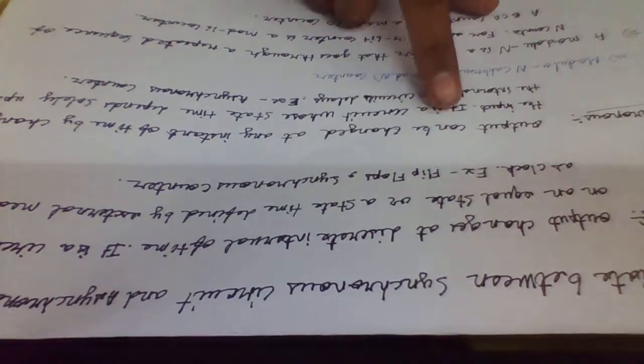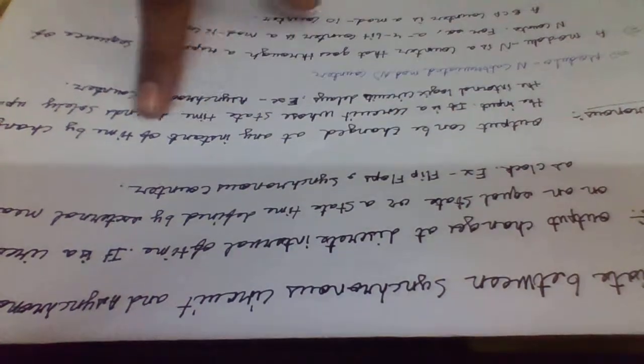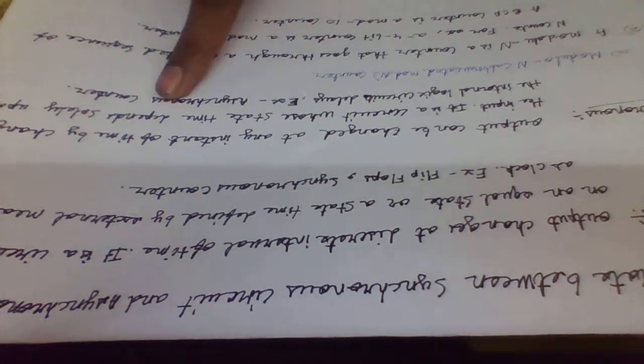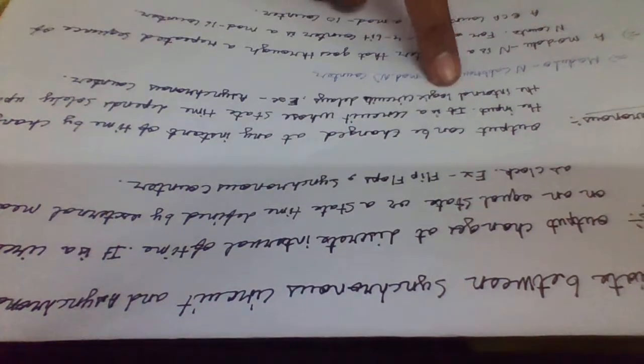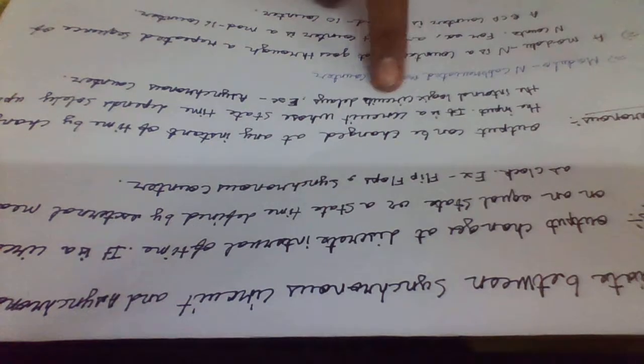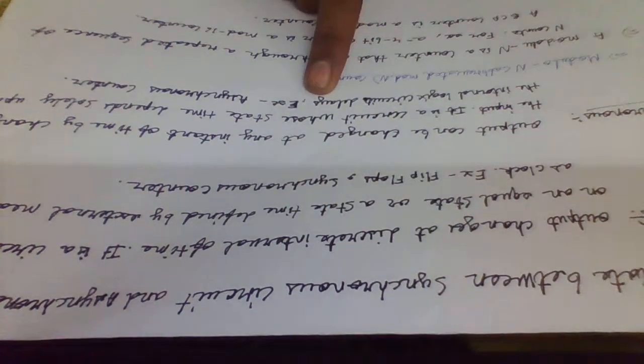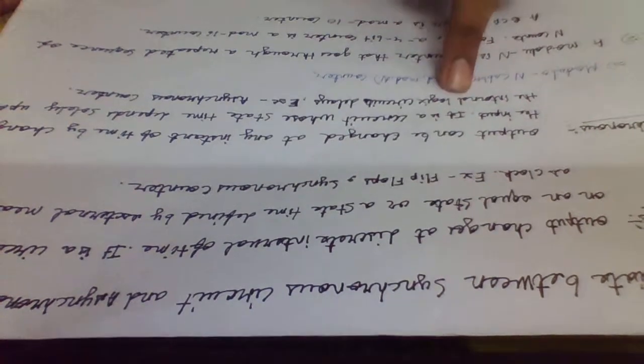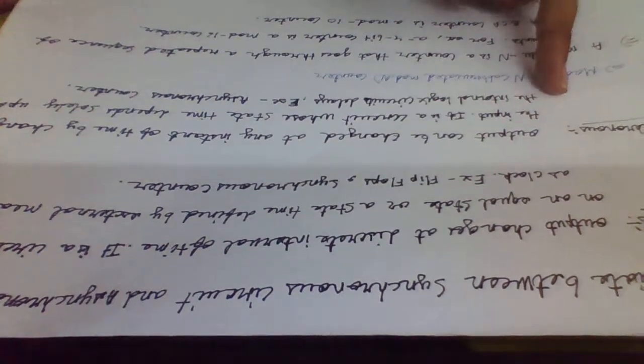Example: flip-flop synchronous counters. In an asynchronous counter, output can be changed at any instant of time by changing the input. It is a circuit whose state time depends solely upon the internal logic circuit delays. It is not given by the user, but rather it depends on the circuit delays.